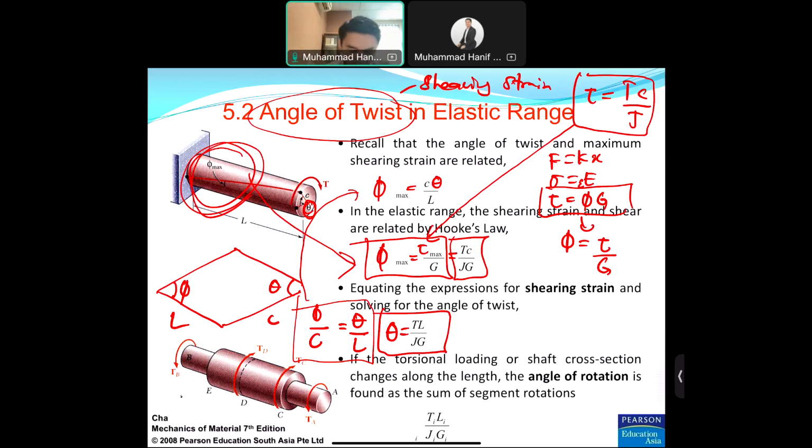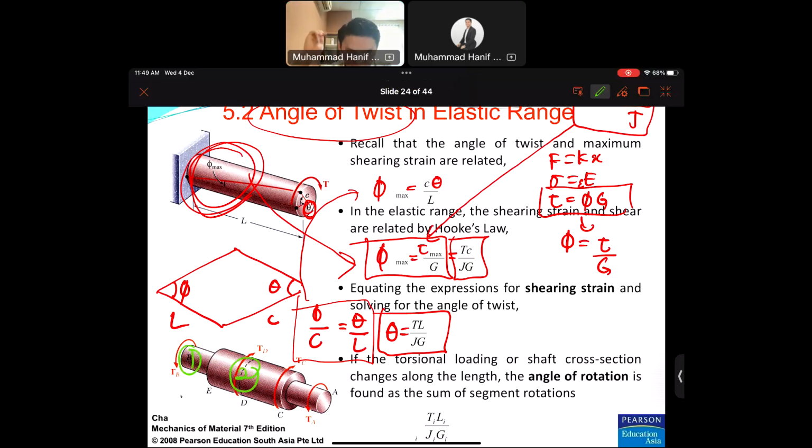For example, here you have 3 sections, which I put in different colors. Segment 1 and segment 2 I make the same because the length is similar and the cross-sectional area is similar, and then segment 3. Once you have 3 different segments, you have to sum up every single segment into the equation.